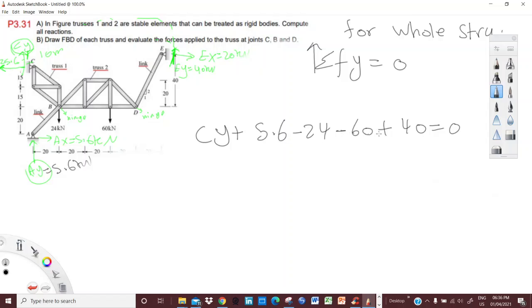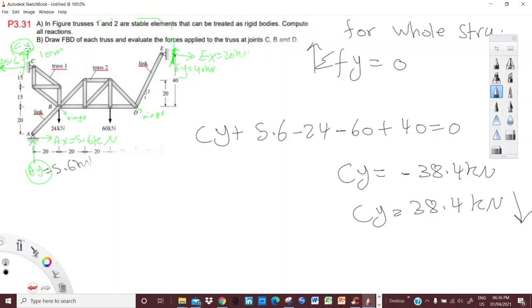So 5.6 minus 24 minus 60 plus 40. The answer is going to be Cy equal to negative 38.4 kilonewton. Therefore, Cy should be equal to 38.4 kilonewton downward.